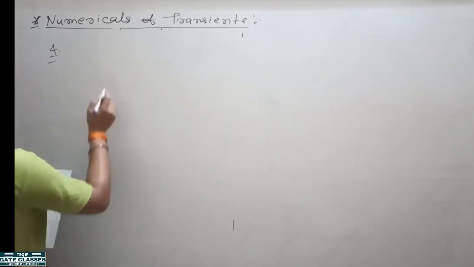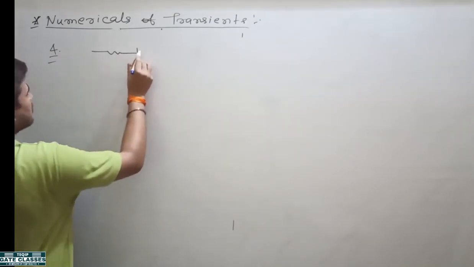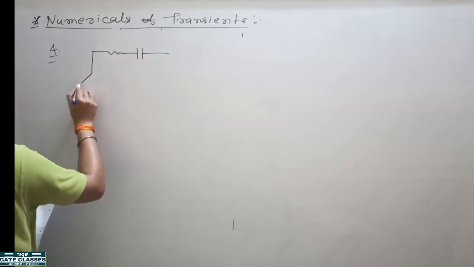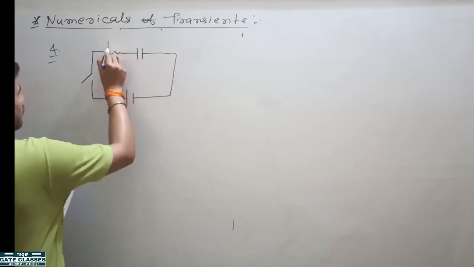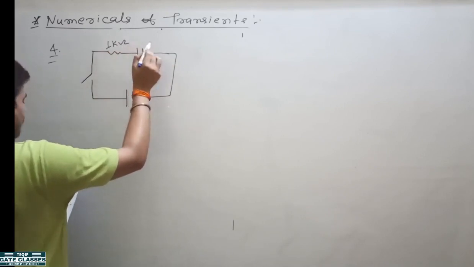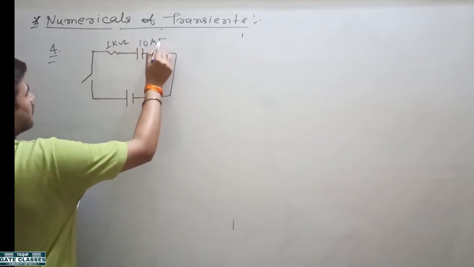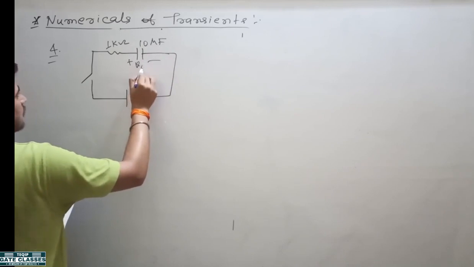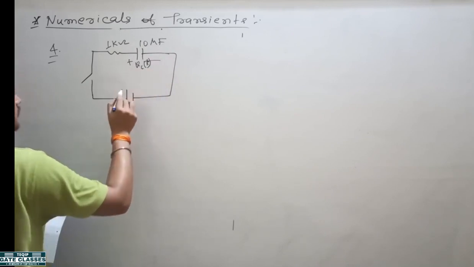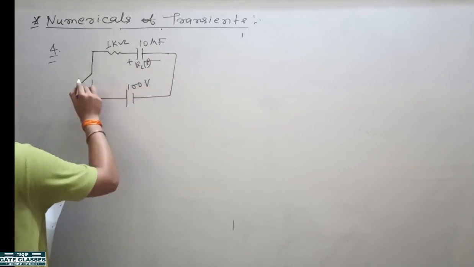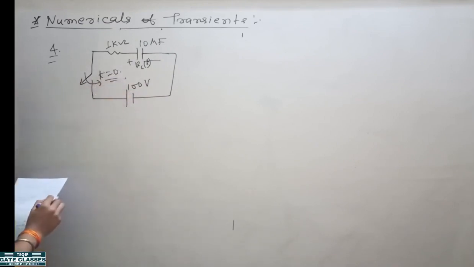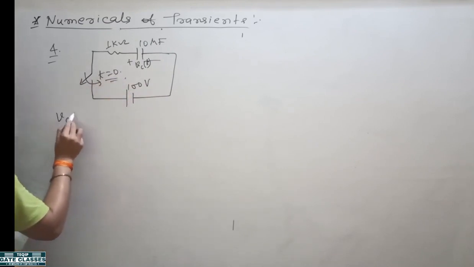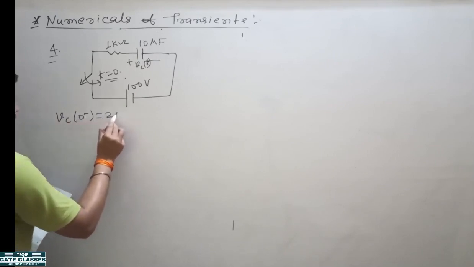Here we have the same type of circuit, an RC circuit, 1 kilo ohm, 10 microfarad, with 100 volt already given. The switch is closed at t equal to 0, but it is given that VC(0 minus) is equal to 25 volt.